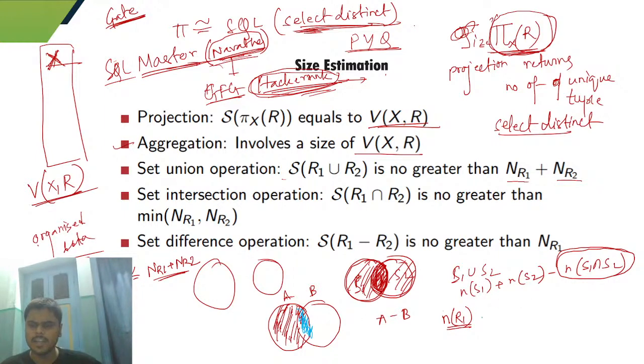So it is n of R1 minus n of R1 intersection R2. A minus B. So n of A minus B is obviously less than or equal to n of R1. That's why it is written as not greater than n of R1, right?